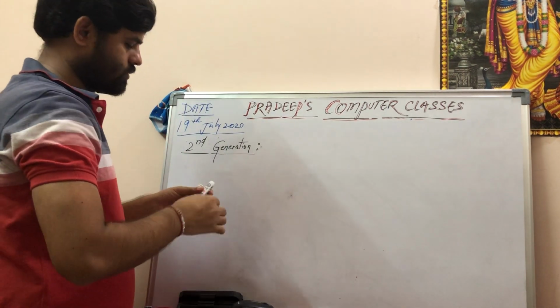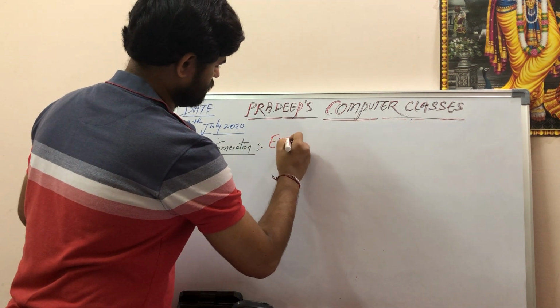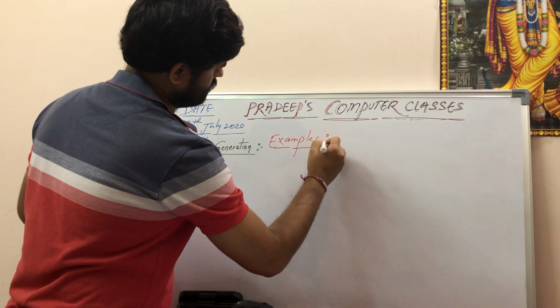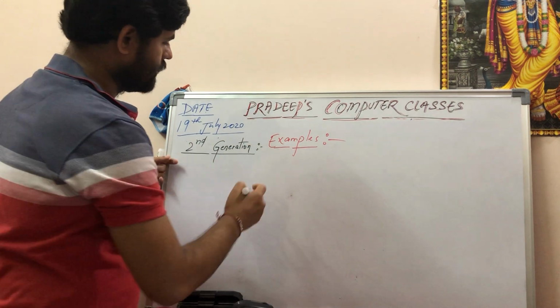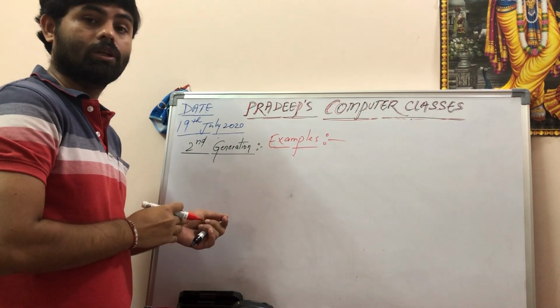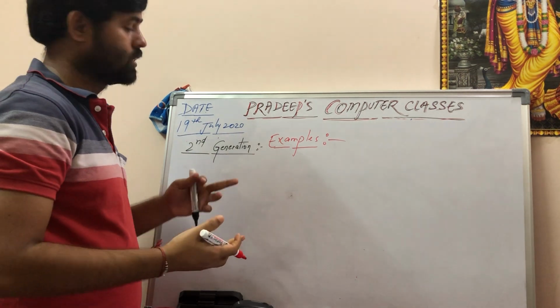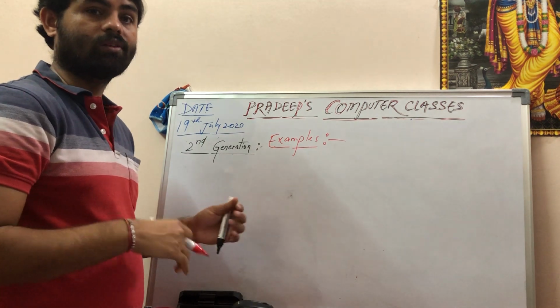So, examples of second generation. Again, as I said, IBM is a very old company and IBM has been generating so many hardware things. Previously IBM used to develop so many computers. Now it has come to the software field also, and they are very vast.